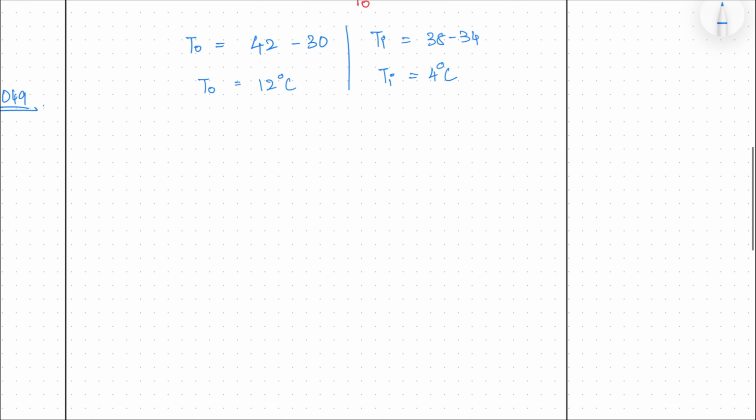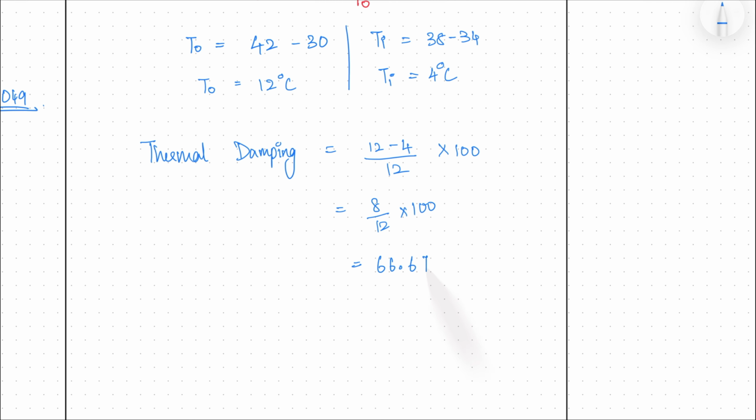So what is thermal damping now? Is equal to 12 minus 4 by 12 into 100, and you'll get 8 by 12 into 100. So you'll get 66.67% is the thermal damping. Okay, I hope this is clear.